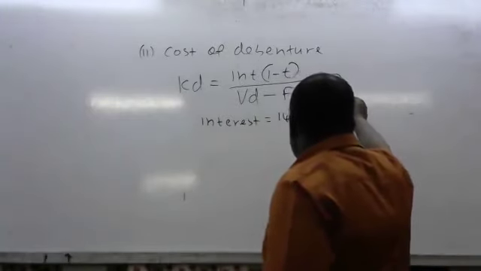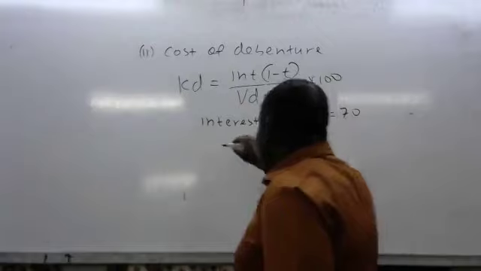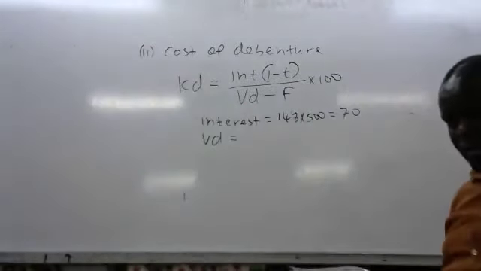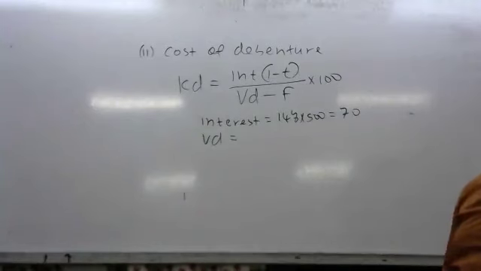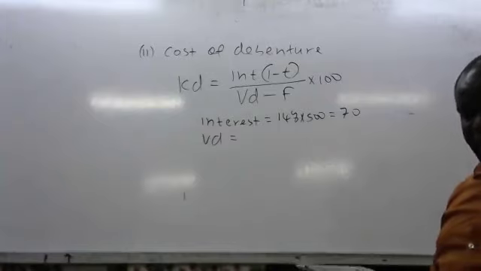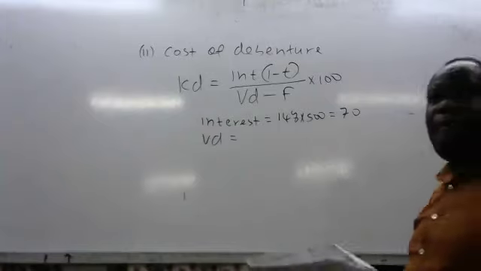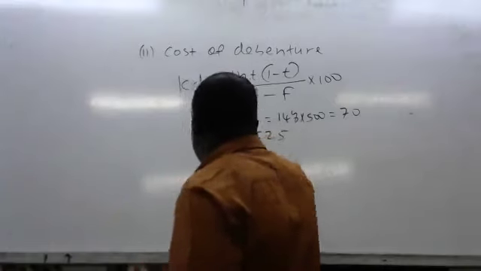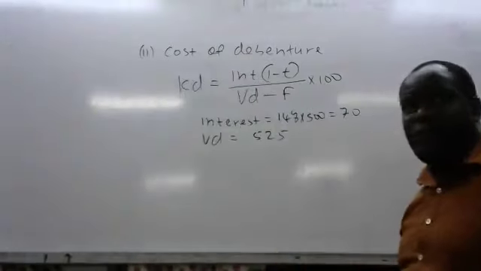Then the current value of the debenture: you go to note number 3. Note 3 gave us the market price of the debenture as 525. The question did not provide for the flotation cost.